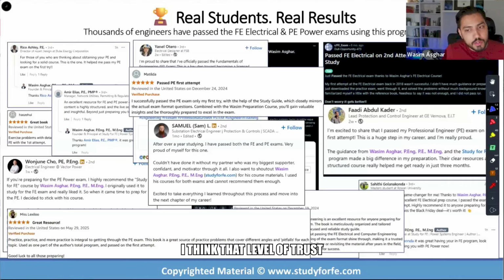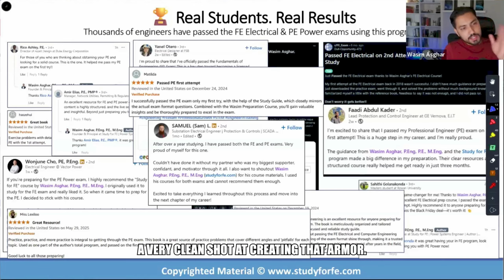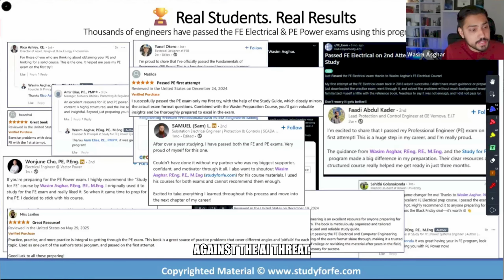I think that level of trust and accountability will always be with the humans. And within the profession of engineering, your PE license really gives you a very clean shot at creating that armor, bulletproofing yourself against the AI threat.